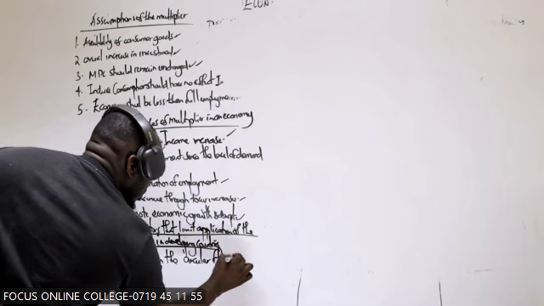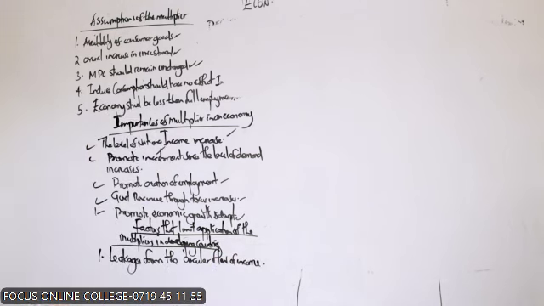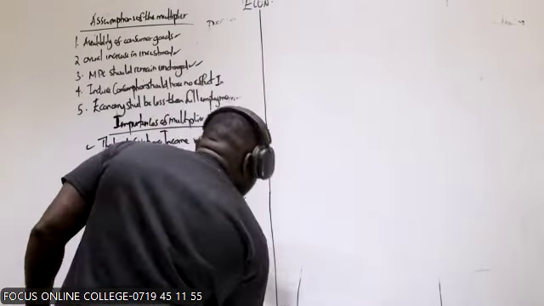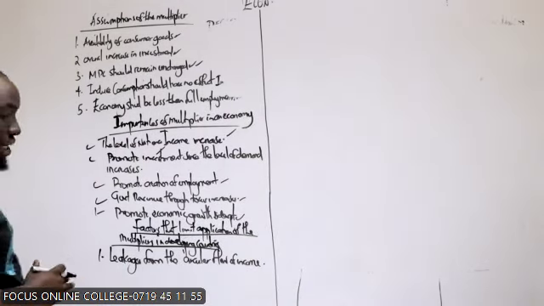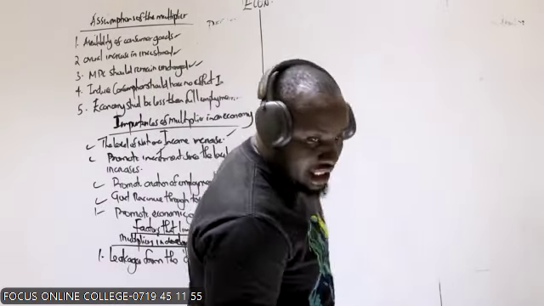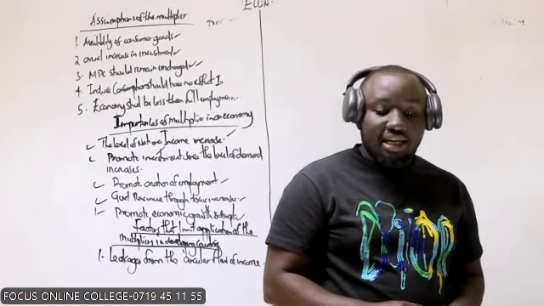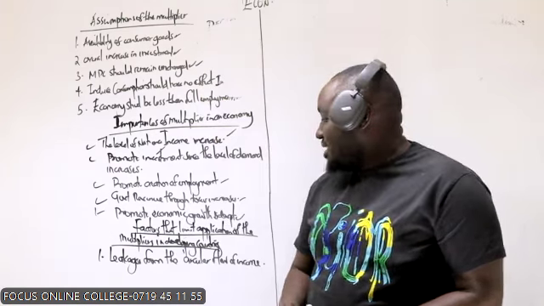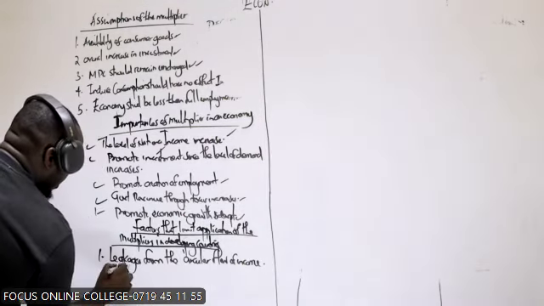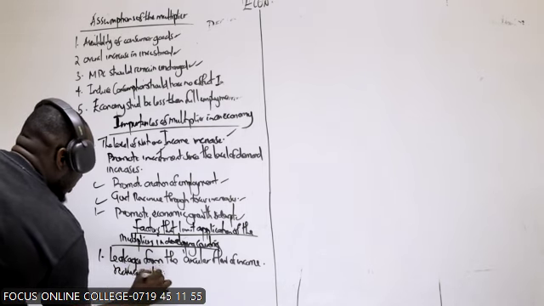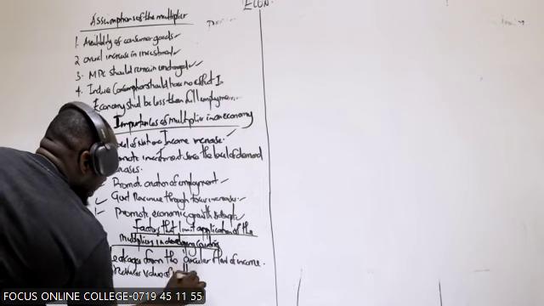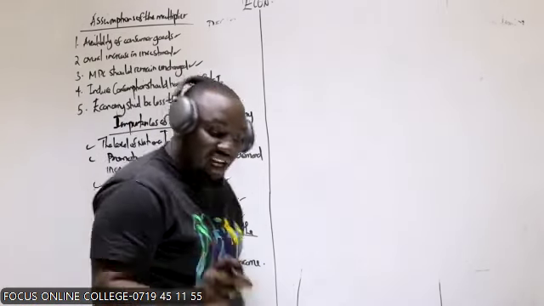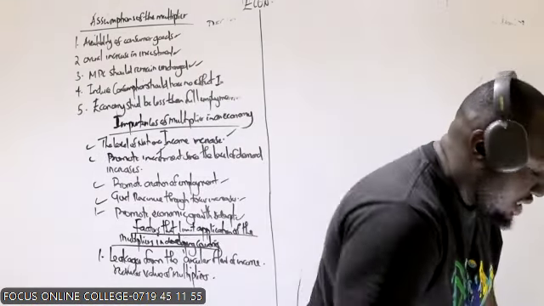Examples of leakages from the circular flow of income will definitely limit the multiplier and reduce the value of the multiplier.